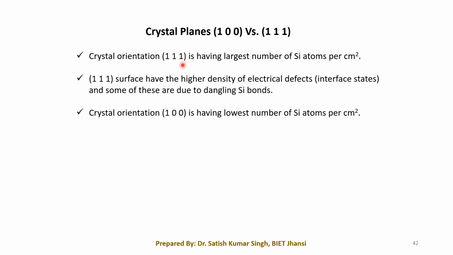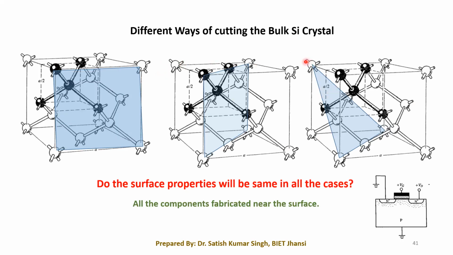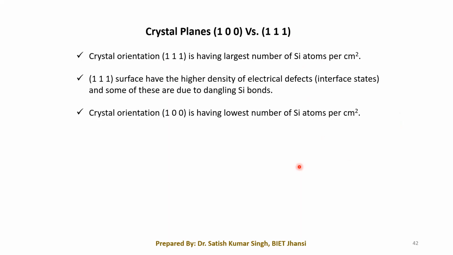What we mean by crystal orientation is that if we cut the bulk silicon crystal along this particular plane, then the surface we expose will have the largest number of silicon atoms per centimeter square.